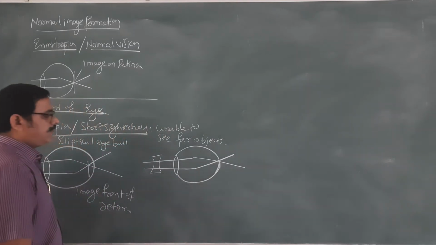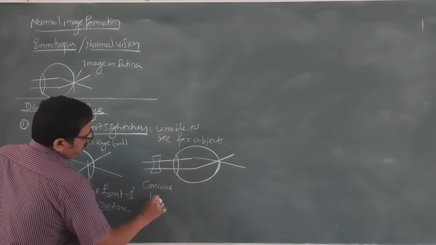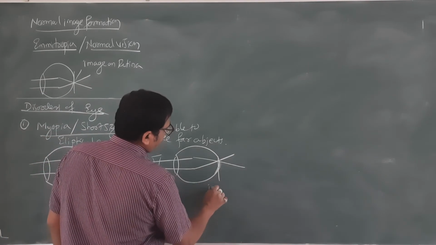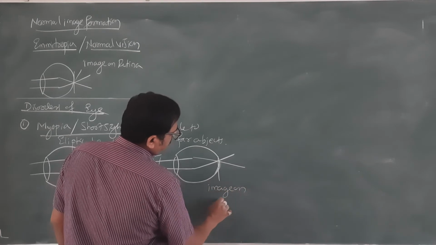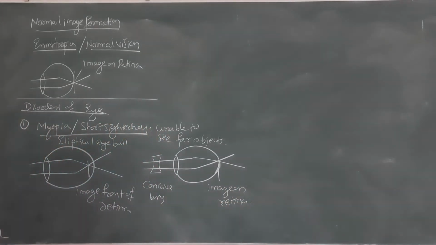So with the concave lens, the image is on the retina. Image on the retina means this myopia is corrected by using a concave lens.